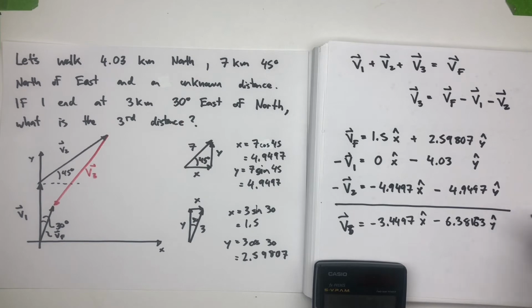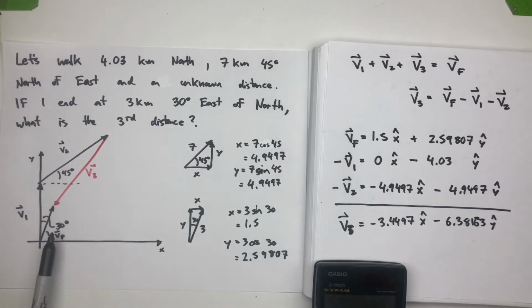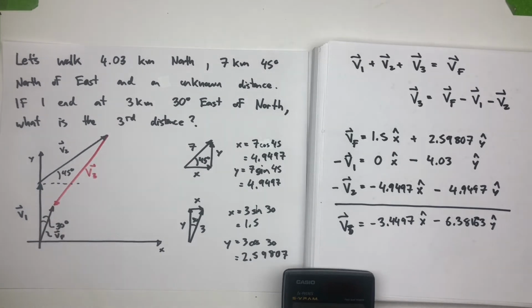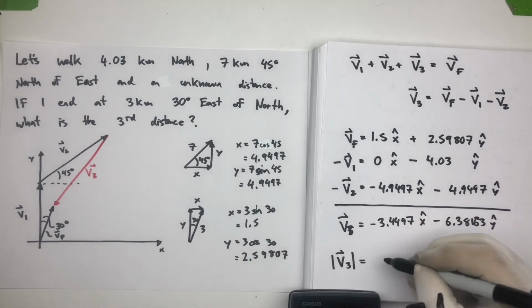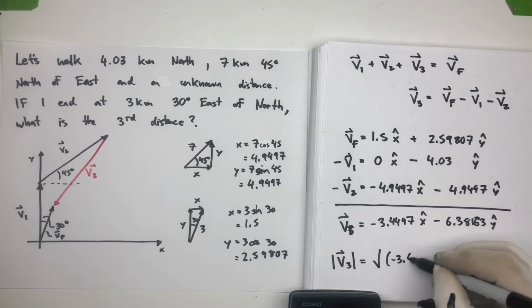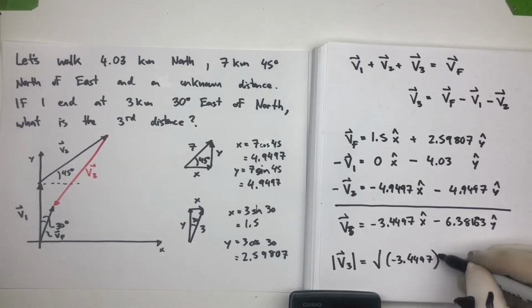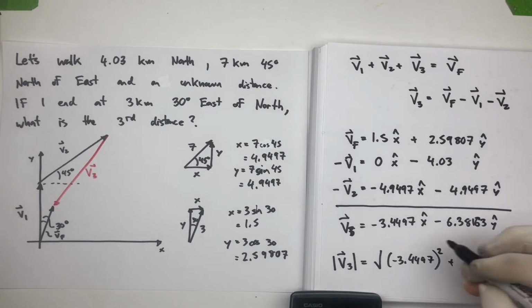That's going to be equal to negative 6.38163 y hat. It's nice to go back to your picture now and see that it makes sense. I'm going back to negative there, and negative here, so that looks about right. And now what I want is the magnitude of this vector, so I'm going to square it: negative 3.4497 all squared plus negative 6.38163 all squared.